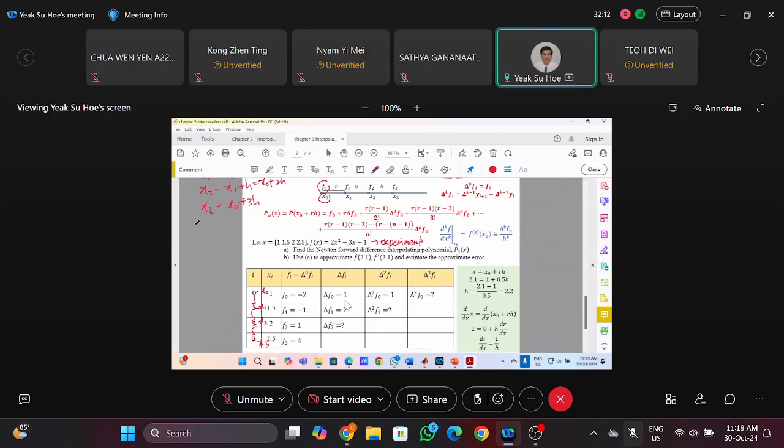It means that your x is equal to x0 plus rh, where x0 is the initial value. So for example, x1 equals x0 plus 1h, x2 equals x0 plus 2h, so here r is equal to 2. x3 equals x0 plus 3h, so your r is 3. So r can be integers.